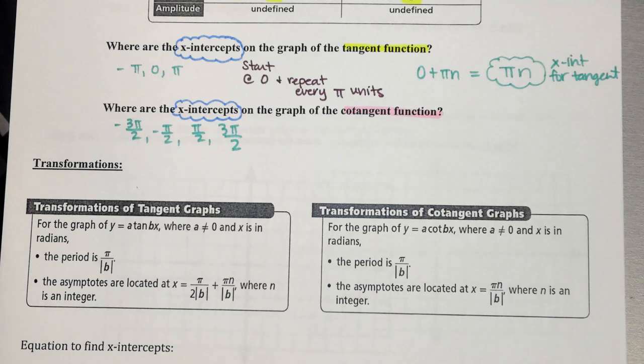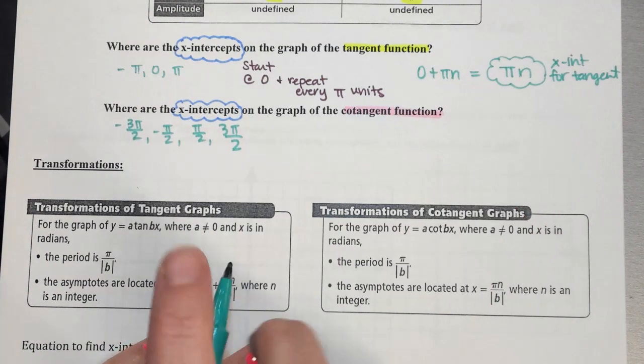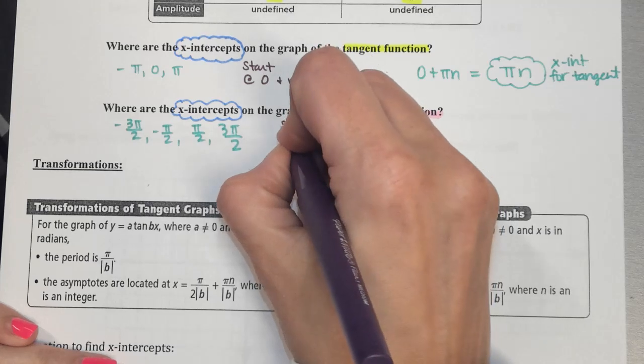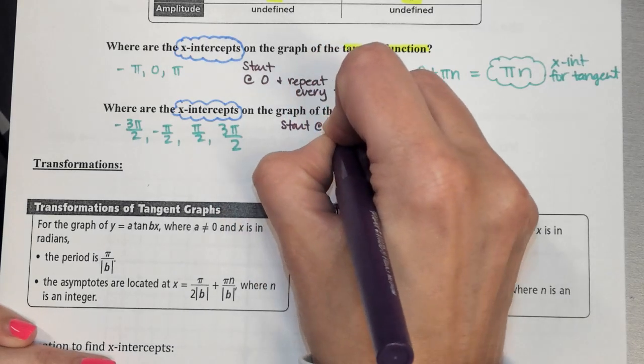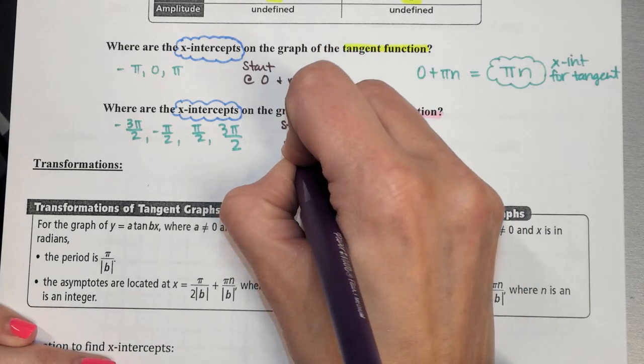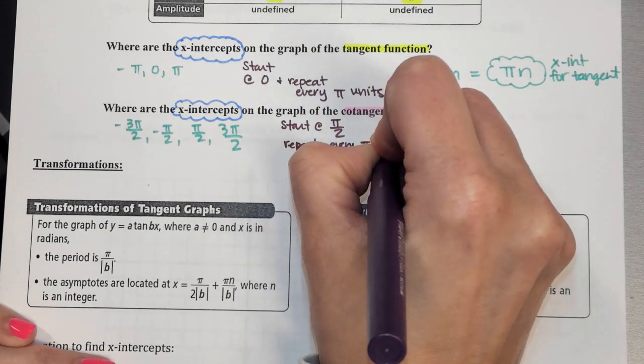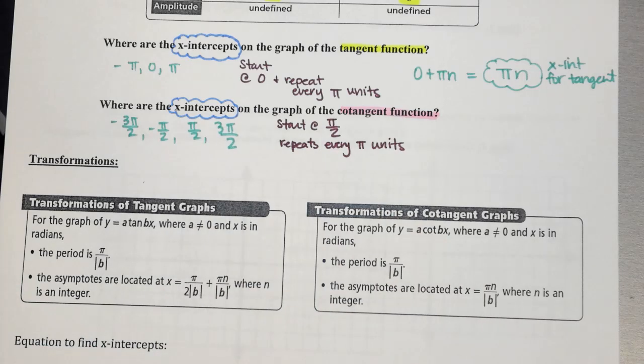Okay, and then for the cotangent function, again, we're just going to start at the positive one. So the first positive one would be pi over 2. And then again, it repeats every pi units. So what I'm doing here is I'm helping you guys see what your pattern is.